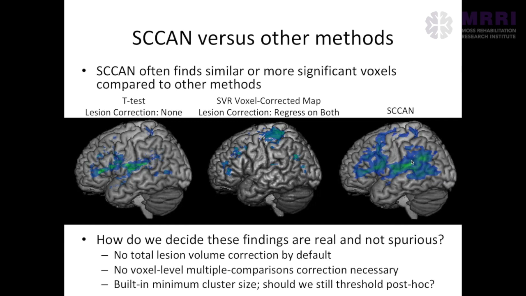But that means you have no way to take areas out of your map after the fact, so you have to assume that everything in there is real, and I don't know if that's a good assumption. There is a built-in minimum cluster size, but we can also do a more rigorous post-hoc cluster size correction, which is probably not equivalent to setting that cluster size correction in the method to the same value. So these will have inherently different effects on your outcomes.